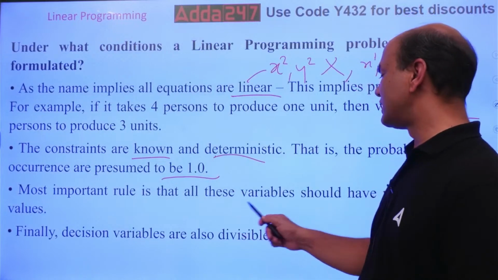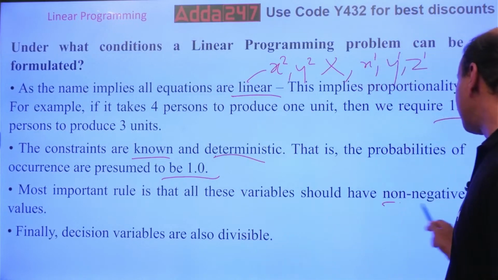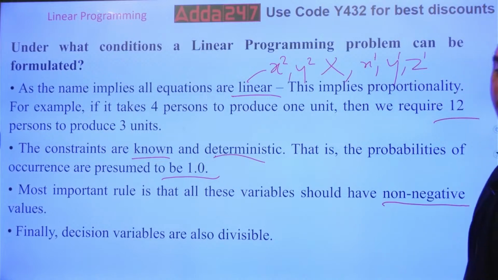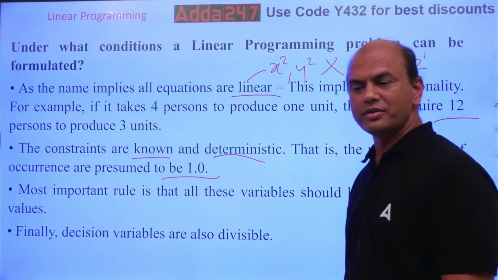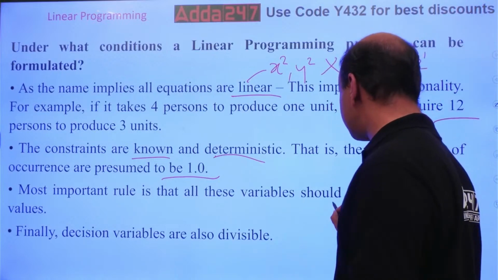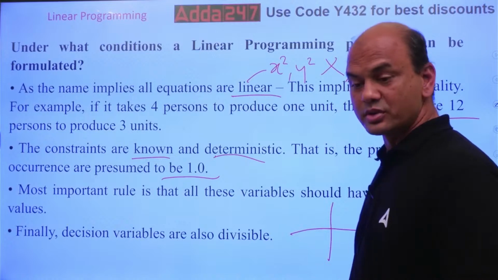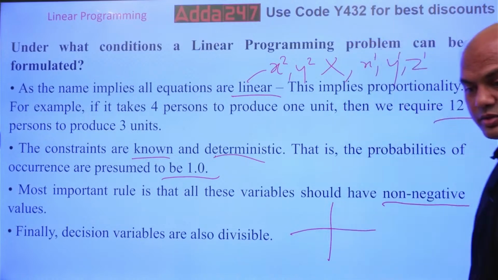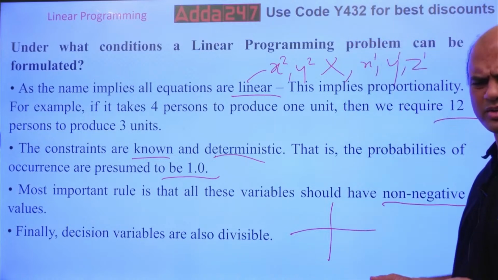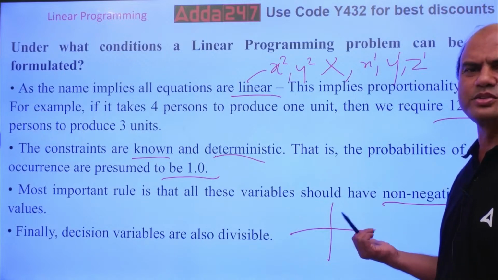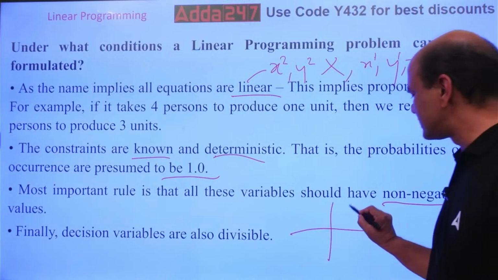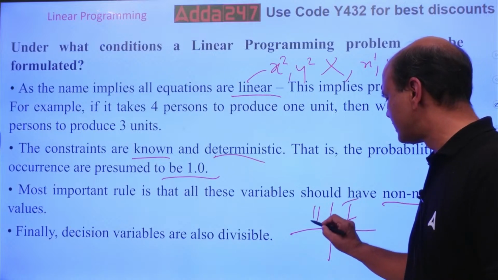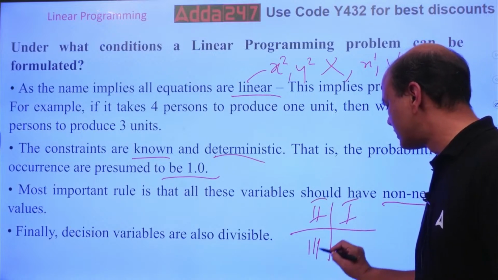Most important rule is that all the variables should have non-negative values. Non-negative means what? See here, there are 4 quadrants. Science students, those who are commerce, kindly note, there are 4 quadrants. Even commerce might be knowing this because this was there in your schools. First, second, third and fourth.